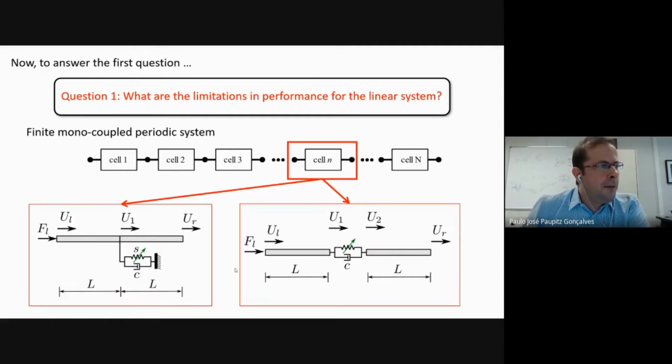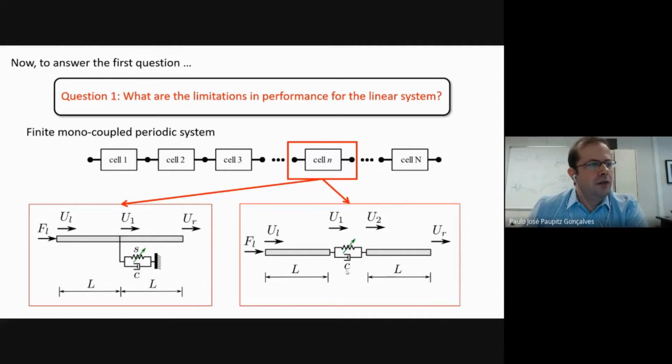But one thing for sure that we can say before looking at any result is that if we want to reduce the transmissibility, which is the displacement on the right over the displacement on the left for this condition, it's very straightforward to see that if we make this stiffness very, very strong, very hard, you are going to block this displacement in the middle, and so you have zero transmissibility. So a good configuration for this would be having a hardening spring.